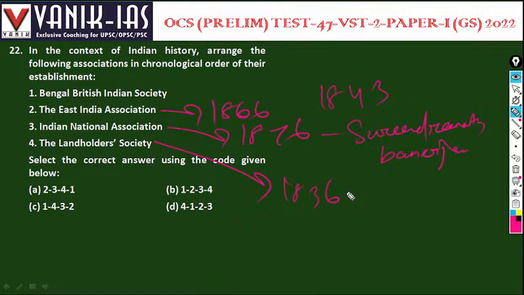So if you look at the chronological order, first it will be the Landholders' Society, then the Bengal British India Society, so 4, 1, then 2, 3. 4 1 2 3. D is the answer.